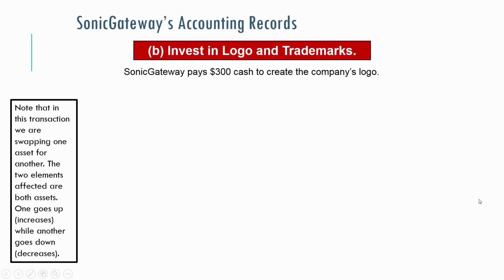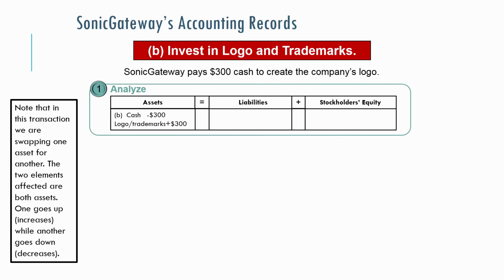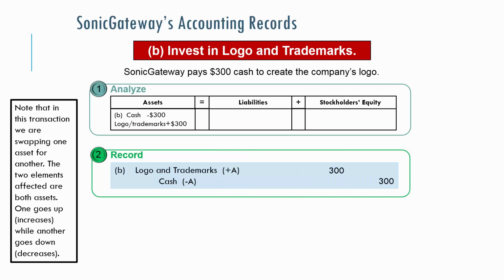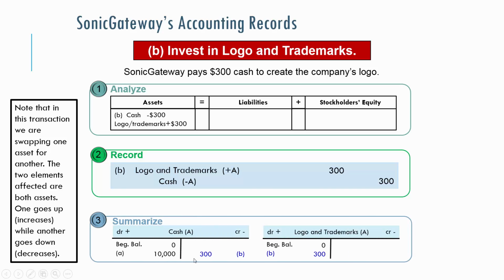When we invest this one, we are swapping one asset for the other in this transaction, but we still have to keep track of those accounts: the balance in cash and the balance in the logos and trademarks account. So as we work through this, we do still need to put in those separate accounts. In our account balances, we had 10,000 coming in.